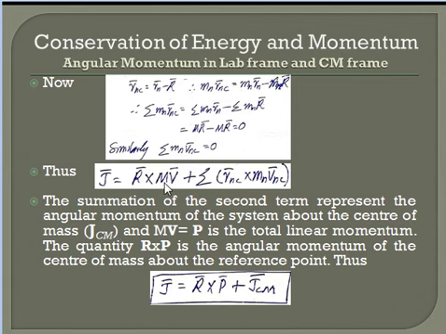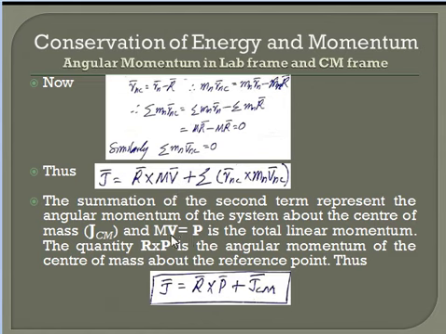Therefore this can be written as Jcm, and in this one, M is the total mass of the system, R is the position vector of the center of mass, and V is the velocity of the center of mass with respect to the reference point. Therefore MV is the linear momentum of the center of mass with respect to the reference point.